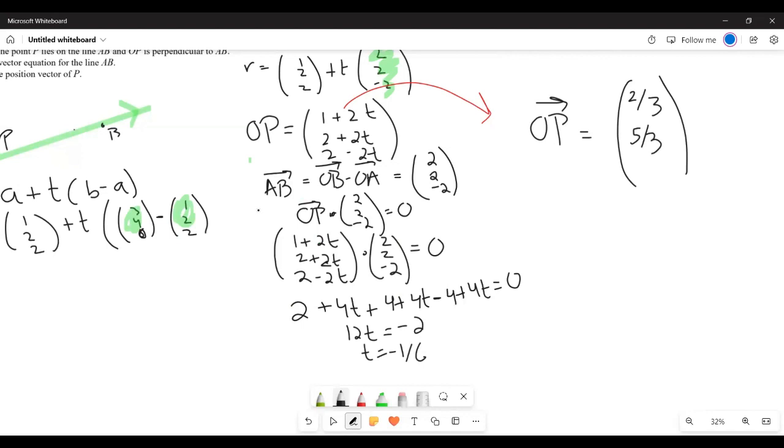And 2 minus 2 times minus 1 by 6, which is 7/3. So OP is 2 by 3 i plus 5 by 3 j plus 7 by 3 k. Yes, that is the correct answer.